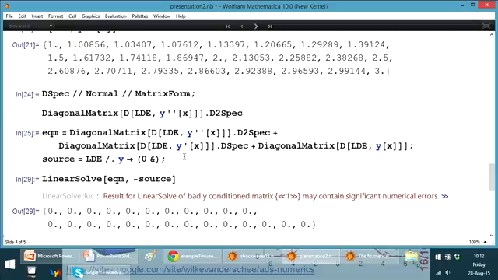Why doesn't it work? Well, the reason is actually rather simple: it doesn't work because this is a differential equation and we didn't put any boundary conditions. So this actually does not have a well-defined solution, and Mathematica actually finds this because this matrix is not invertible.